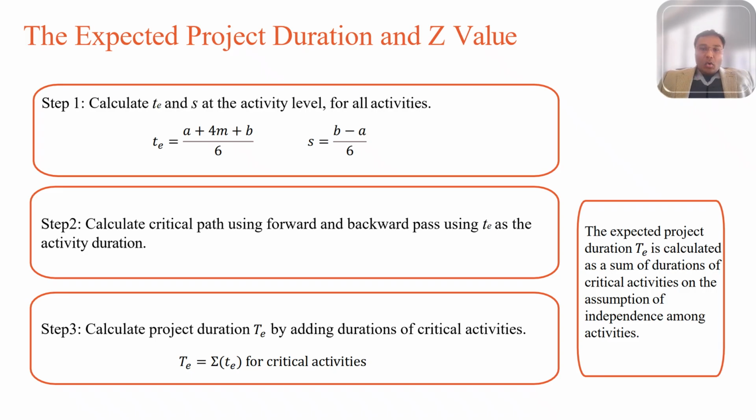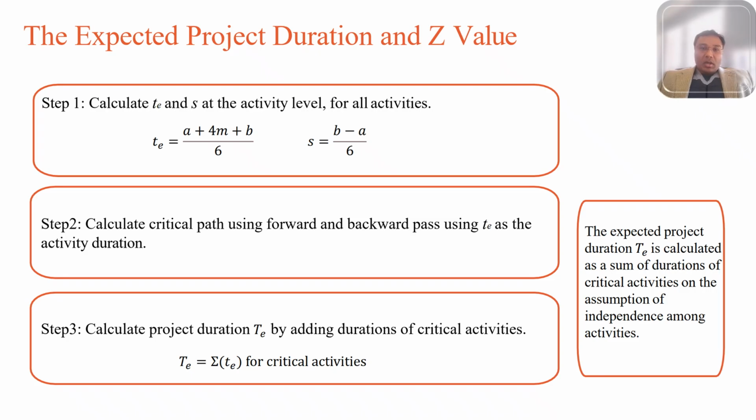We give more weightage to the most likely estimate because it is generally the most realistic. And the standard deviation, sigma, equals the pessimistic minus the optimistic value, divided by 6. What standard deviation captures is the uncertainty. The bigger the range, the bigger the standard deviation.